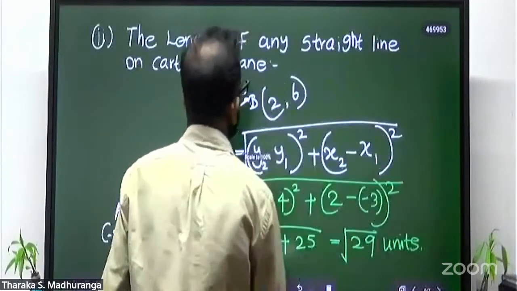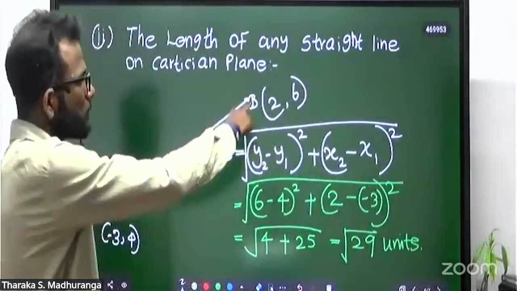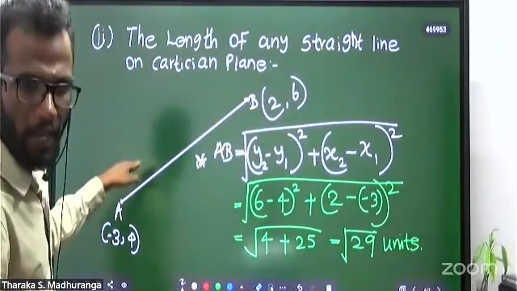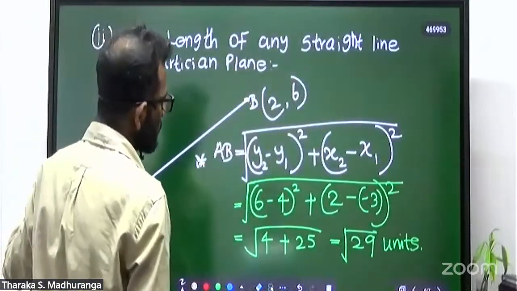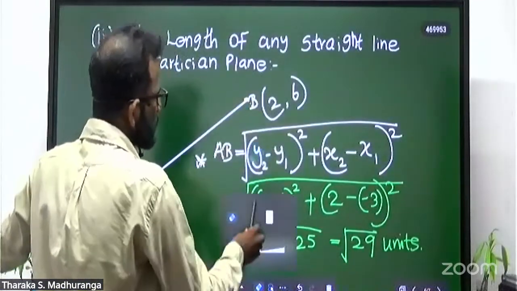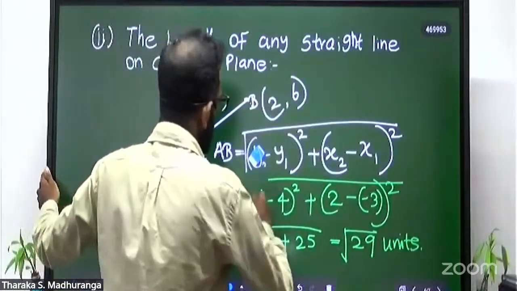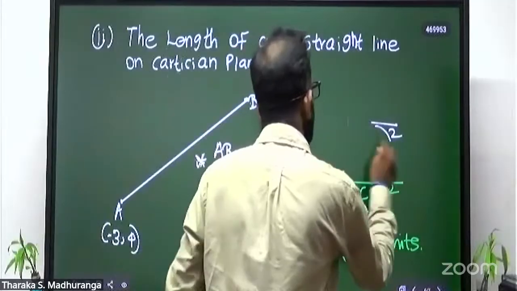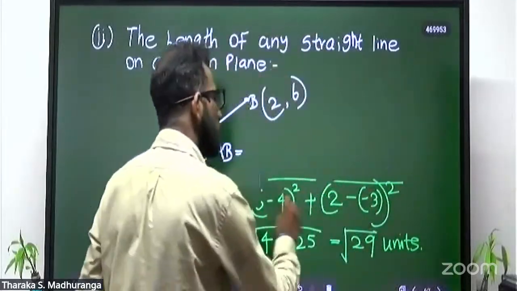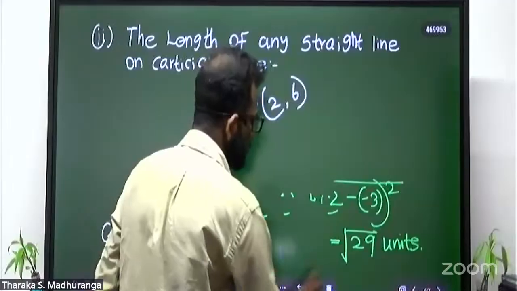Okay, then come to this one. Draw this straight line A and B. Okay, better to do it in the other way. AB equals x2 minus x1, that's the recommended way. But if you change that, there is no mistake.